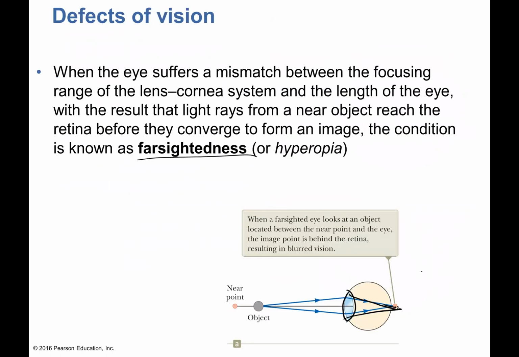Okay, but for this one, your image is located behind the retina. That means the eye's focusing is not strong enough. So what you do here is put another converging lens in front of it, and it bends the light more, because two converging lenses together will bend the light more than just one converging lens, which would bend it somewhere over there.